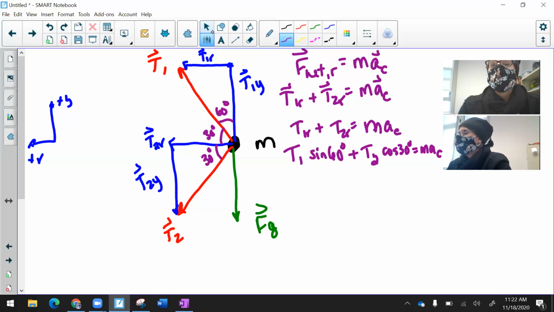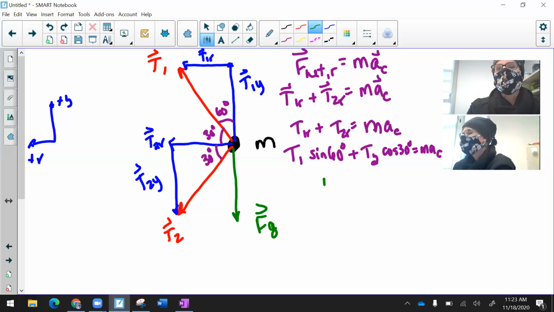Okay. So I know what both the angles are. I know what the mass is. I know what T1 is. Do I know what T2 is? No. Do I know what AC is? No. So I have two unknowns, but one equation. So what do I need? I need another equation. And where do I go to find another equation?